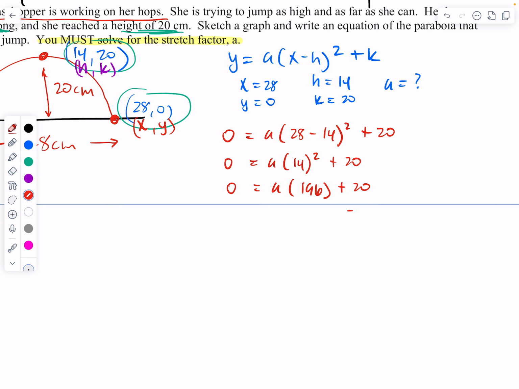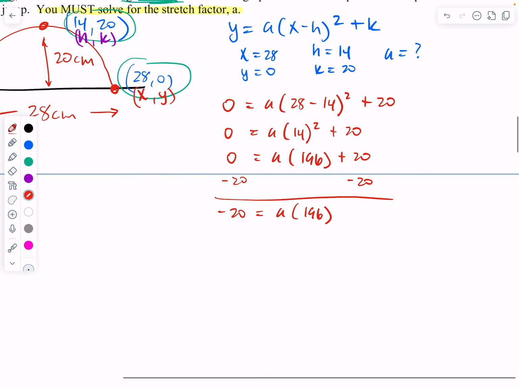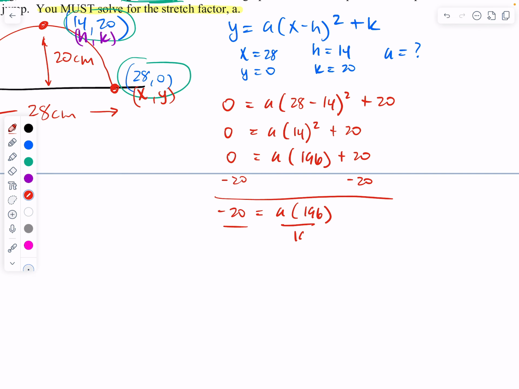Then I'm going to subtract 20 from both sides, and I'll have negative 20 equals a times 196. Then I will divide both sides by 196, so a equals negative 20 over 196. Those look like they're both even numbers, so I can cut them both in half and say that this is negative 10 over 98.